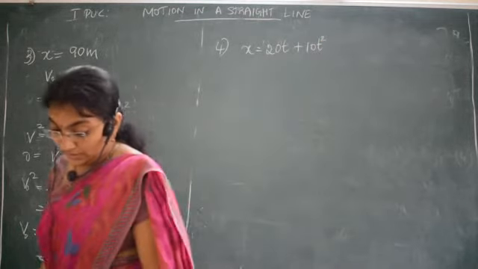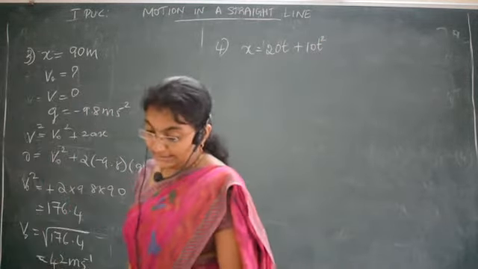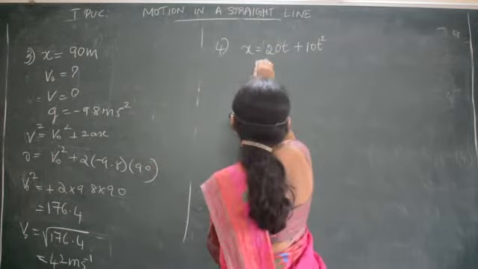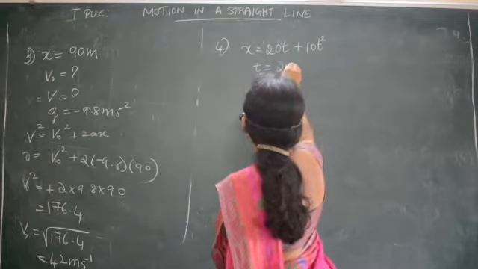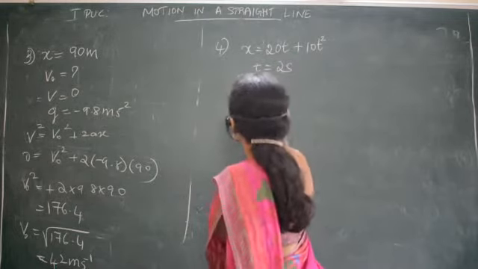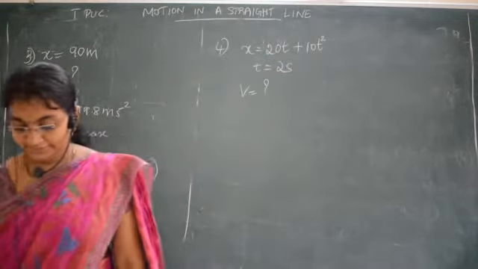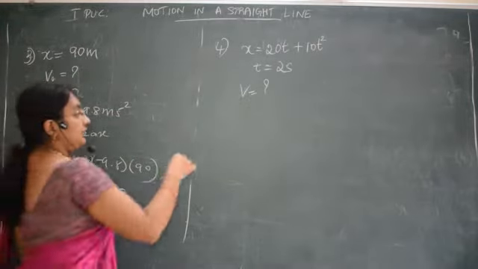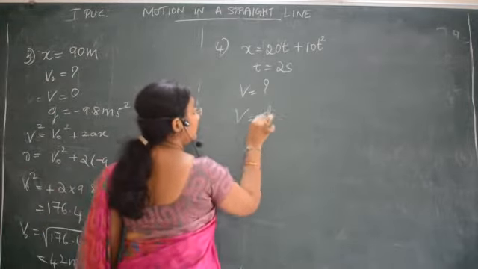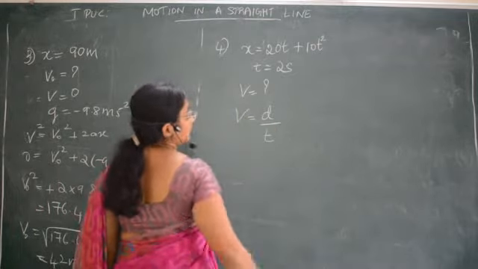Correct? Calculate the instantaneous velocity at t is equal to 2 seconds. You have to calculate instantaneous velocity. How to calculate instantaneous velocity? See, we know that velocity is equal to distance by time.